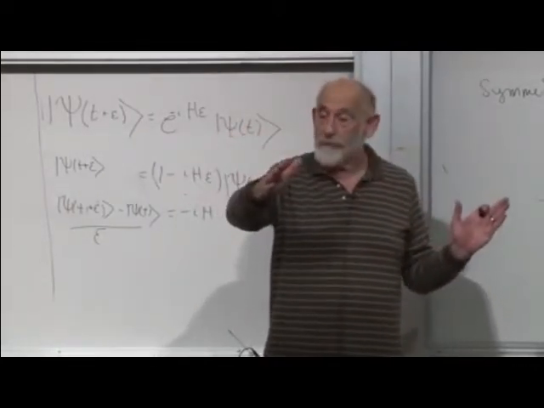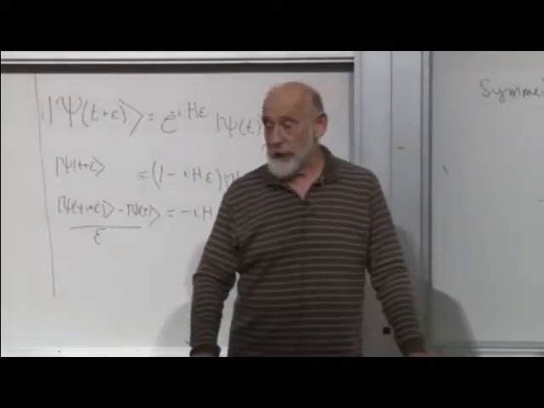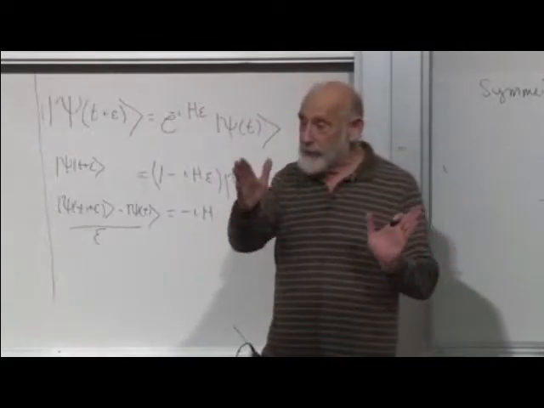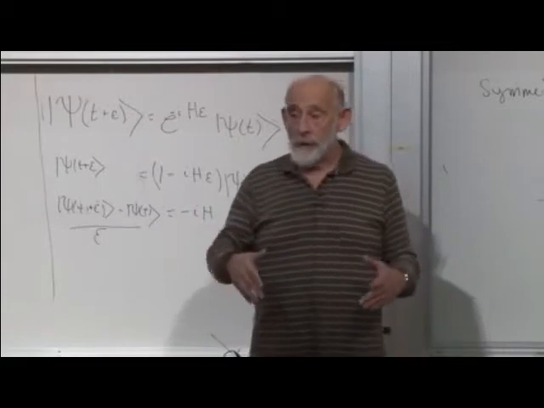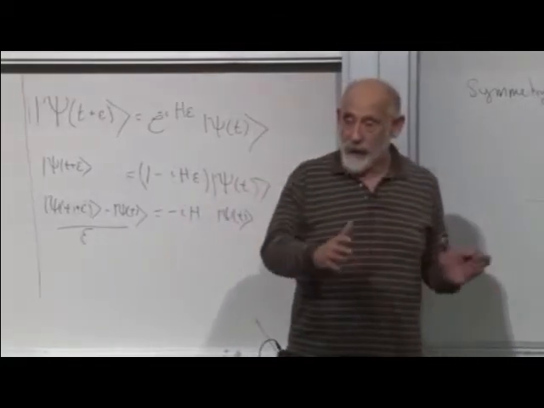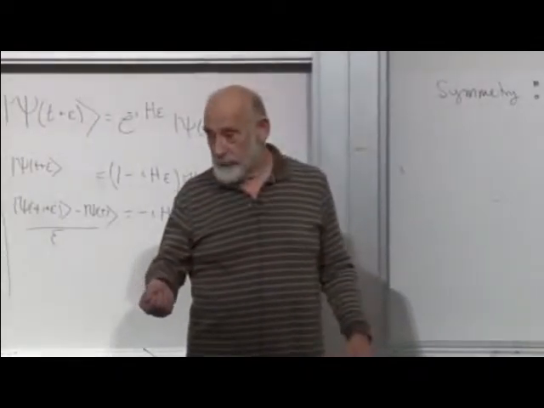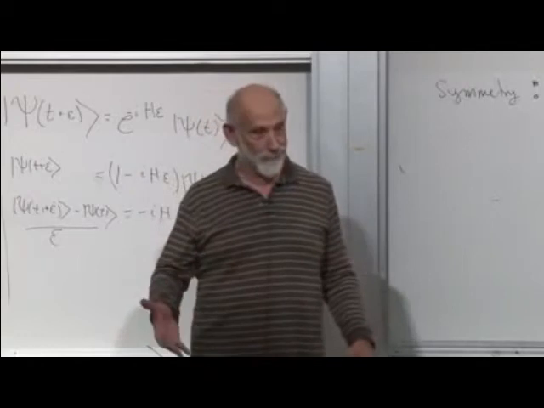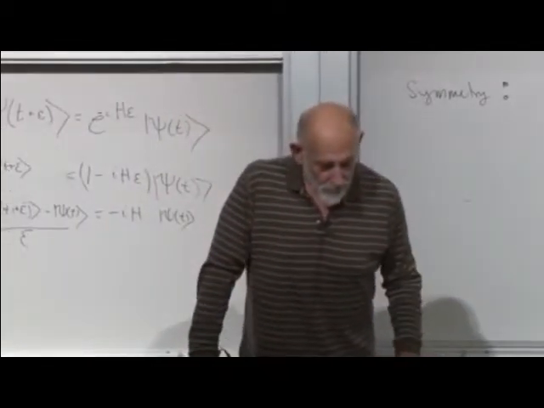Small means one by a very small angle. In fact, you can go further. You can say that every rotation about an axis can be built up by tiny rotations about that same axis. That means that the rotations have a continuity to them that the flip of a coin does not have. Flip of a coin is either heads or tails, and there's nothing in between for classical coins.